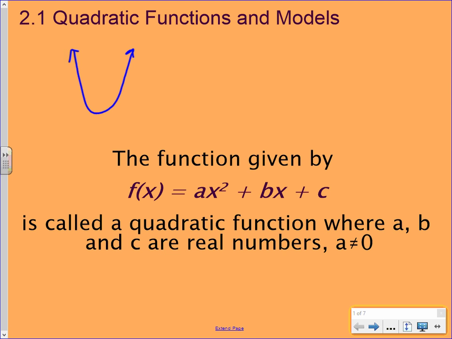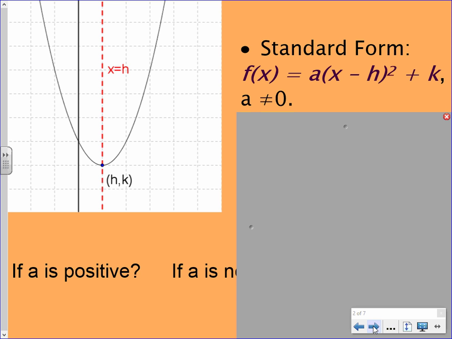Okay? When we write it in this form, this is going to be called standard form. And this is what you recognize as last year's vertex form. Okay? Is that official?